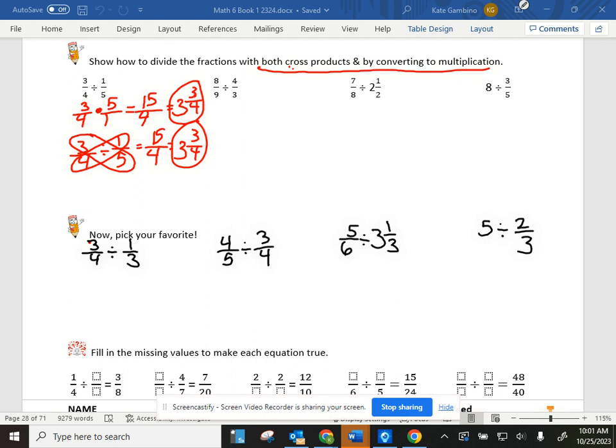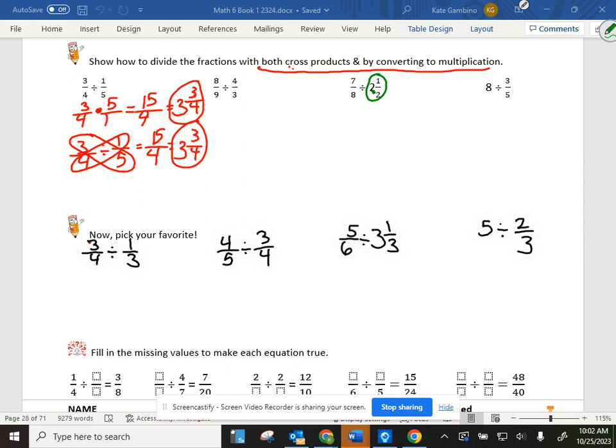Something we want to make note of, what do I do when I have a mixed number in my problem? Callie? You first multiply the whole number and the denominator, and then you add the numerator. Perfect. We have to convert that mixed number to an improper fraction. So what Callie said is you multiply that denominator by our whole number.